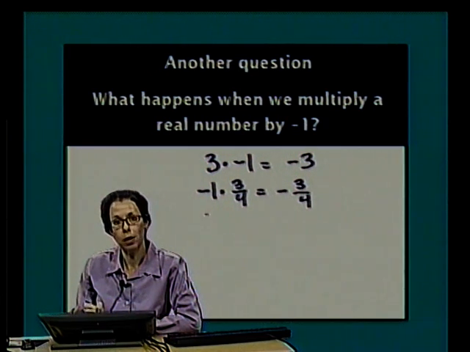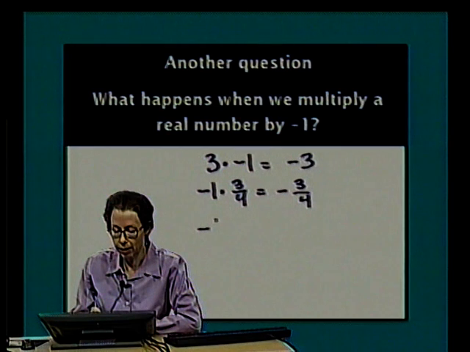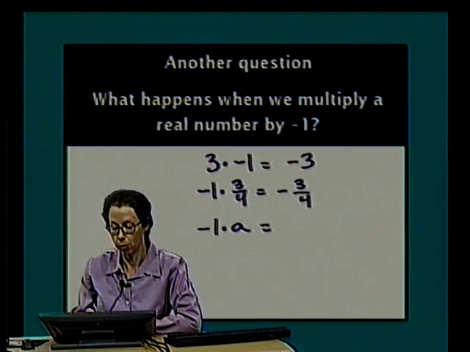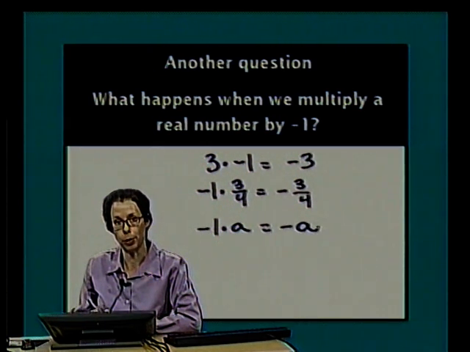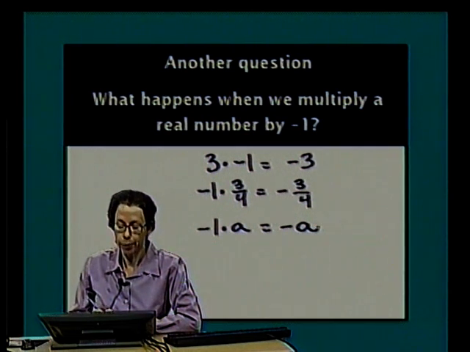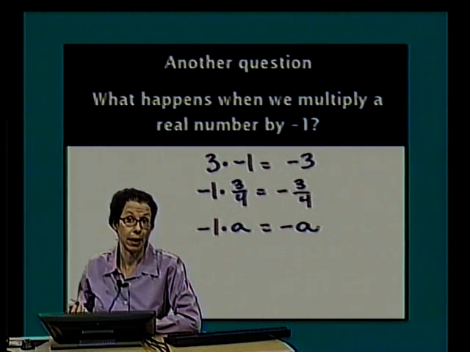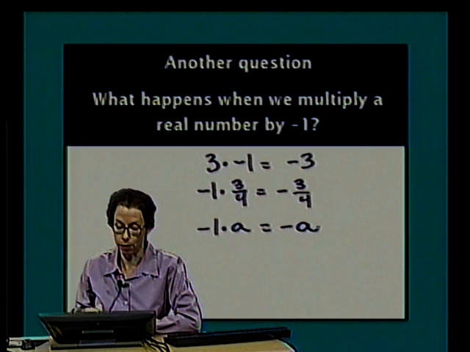So if I use the letter A to represent any real number, it looks like what's happening is when I multiply a number by -1, I'm getting the opposite of the number. So now, let's just think about what might happen if A was a negative number.